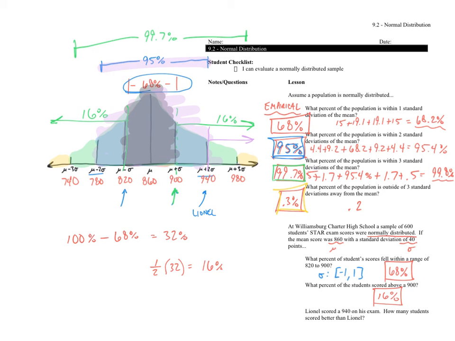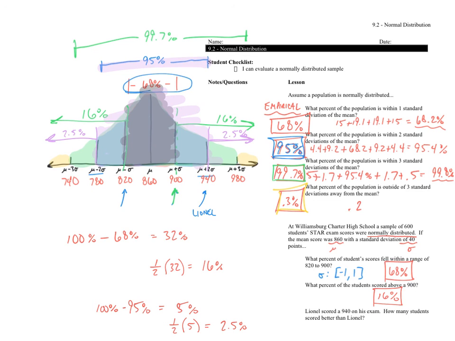So I'm going to take the 100% and remove 95%, and that leaves me with 5%. So I know that I have 5% of my data between this area and this area. But how much of that 5% is in each of those places? Well, because it's normally distributed, I just take half of 5% and I get 2.5%. So I've got 2.5% of my data here and 2.5% of my data there.